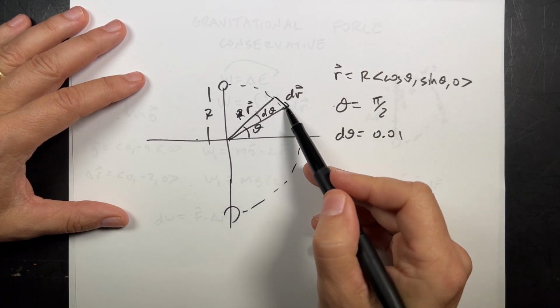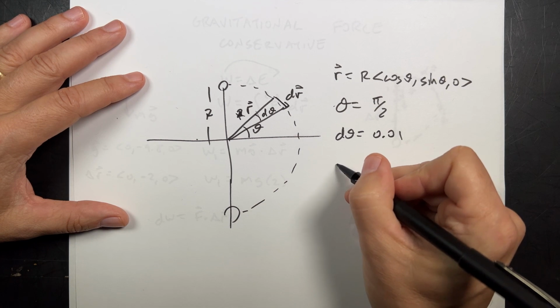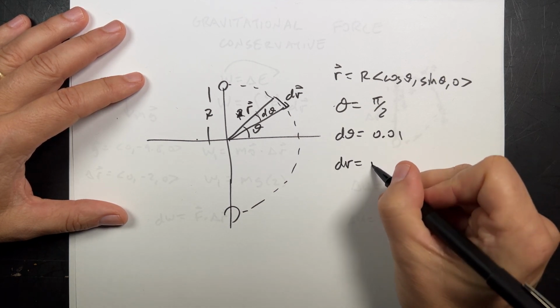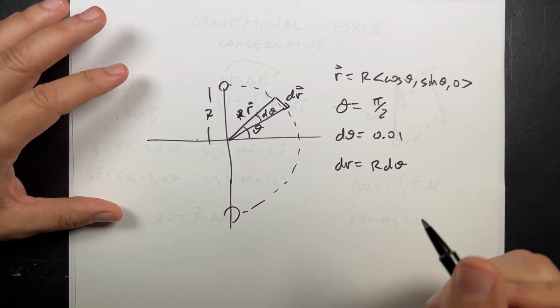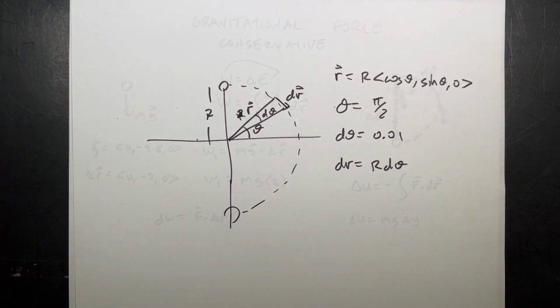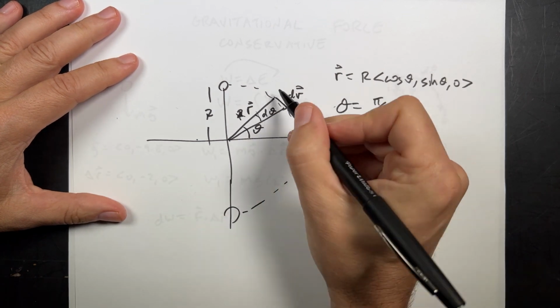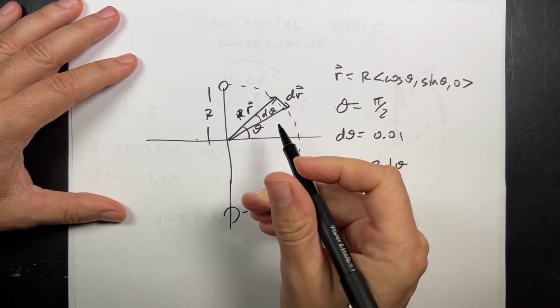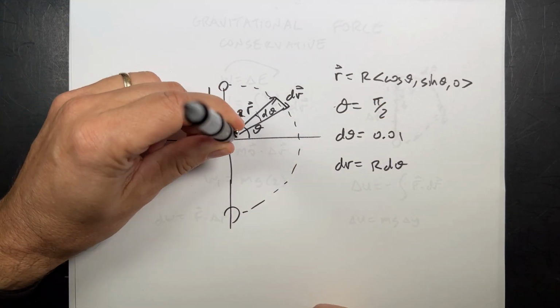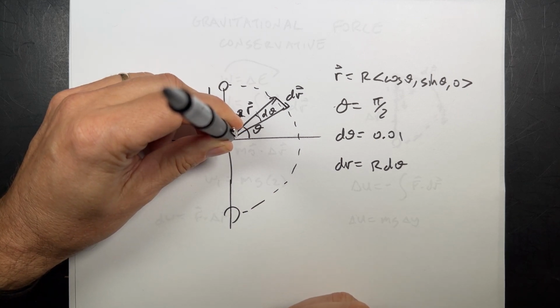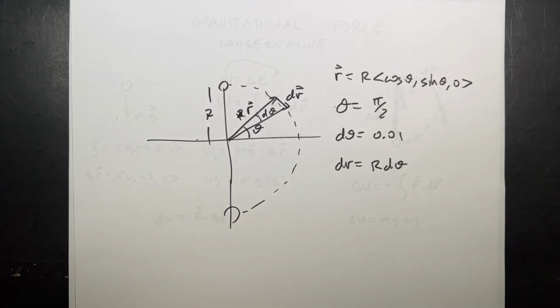And I can use the arc length right there, so the magnitude of that dr would be r d theta. But I need the direction too. I need the direction of that vector. Here I can use a little trick. If I have the r vector right there, the z vector is this way, and r cross z would be that way.